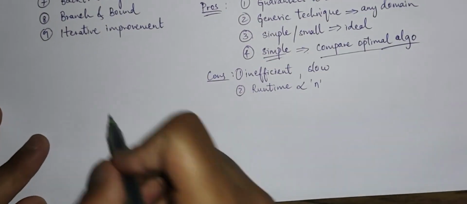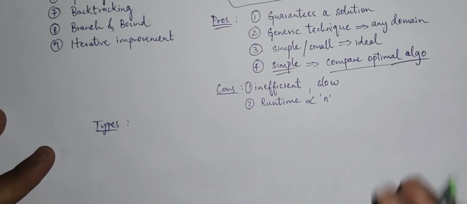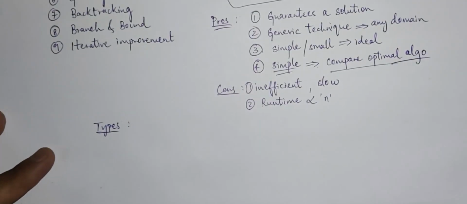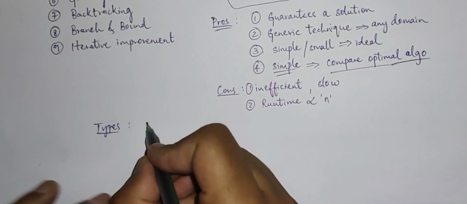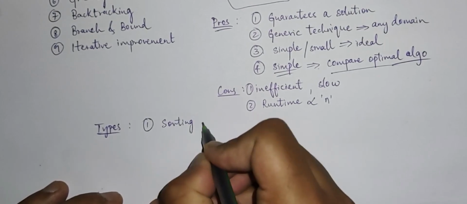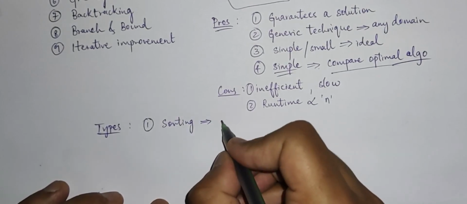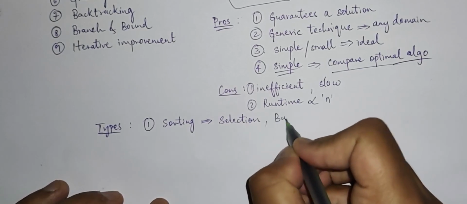Now, what are the types of problems that we can solve using the brute force technique? We'll see some example problems. There are sorting problems, where we will look at two types: one is called selection sort, and the other is called bubble sort.